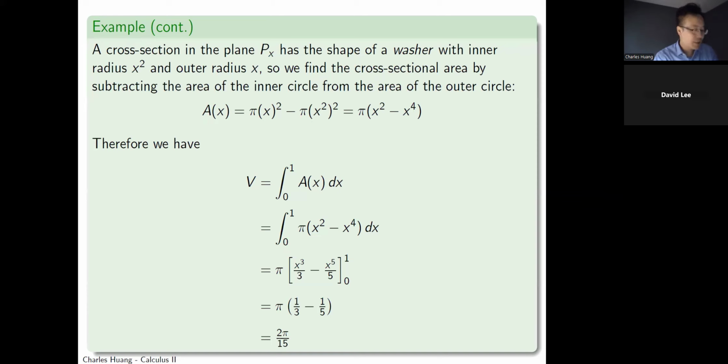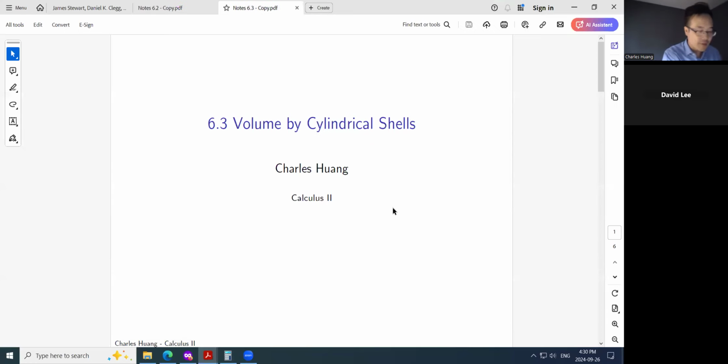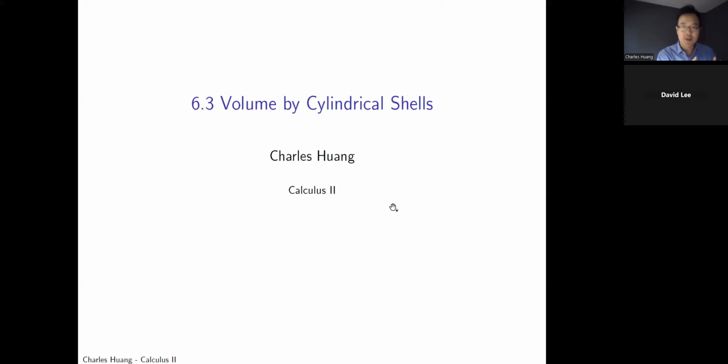But what I want to show you today is another version of calculating the volume. This one is not as common, because for most of the shapes that we deal with, such as spheres, cones or cylinders, we can find them very easily by this rotation method.